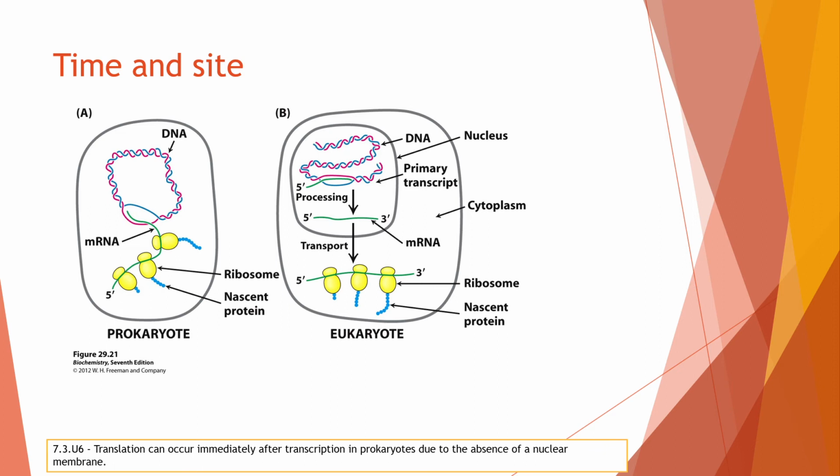So quite often it does not happen. The RNA is still being produced while its 5' end is already exposed to ribosomes, and they may start reading the sequence of mRNA and translating. This is what is shown on the diagram.